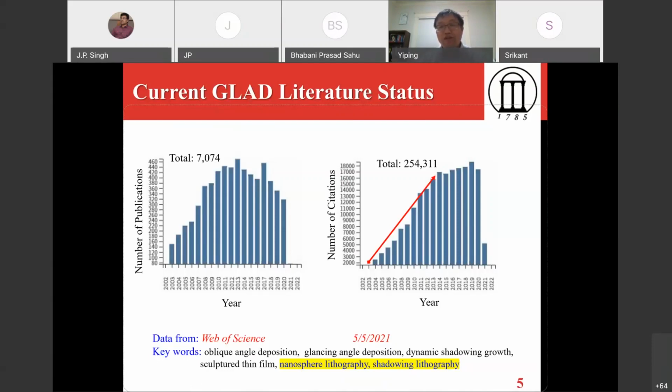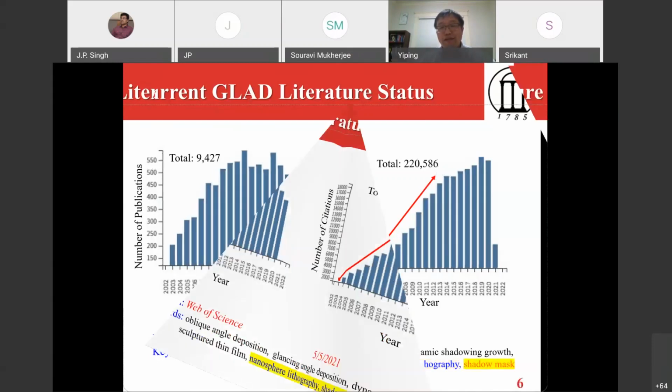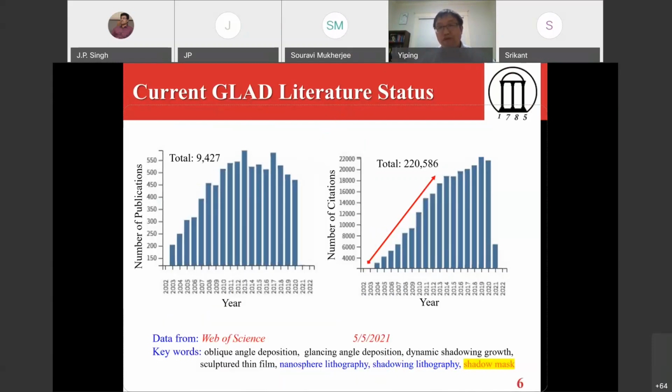And there are also other ones like, for example, shadowing mask, and also edge lithography, and if people include that, there are almost 10,000 papers so far. So that means if we broadly define glancing angle deposition, essentially it is how to use the shadowing effect to achieve desired nanostructures and also devices.